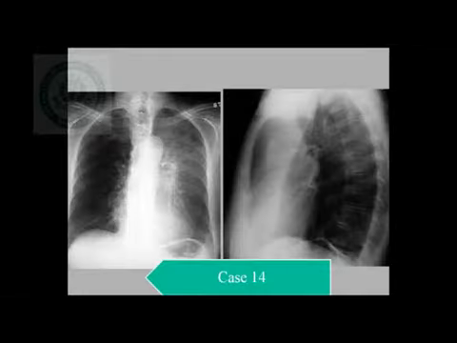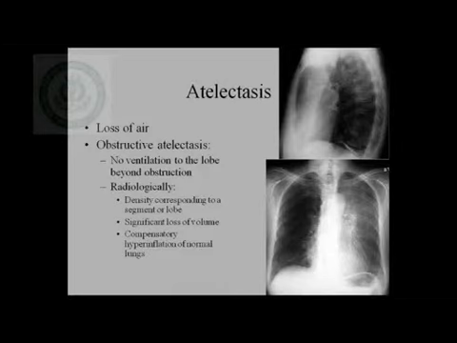This is left upper lobe consolidation with collapse. Now, atelectasis basically means that there is lung volume loss, and the compensatory lung on that particular side, be it an upper lobe or a lower lobe, shows a compensatory hyperinflation just to overcome the function of the affected lung. Now, in this X-ray, you find that there is a mediastinal shift to the left side.